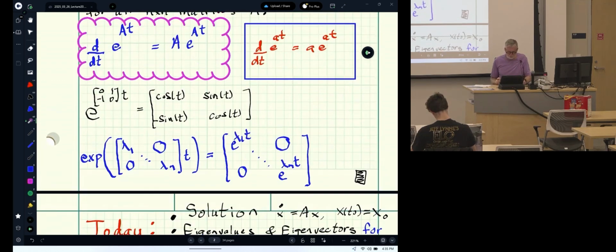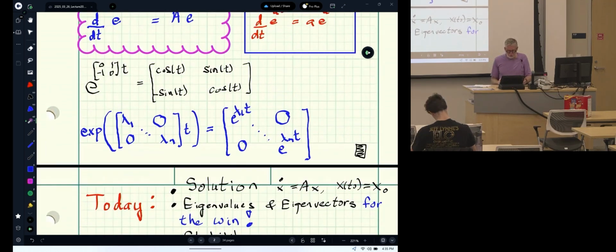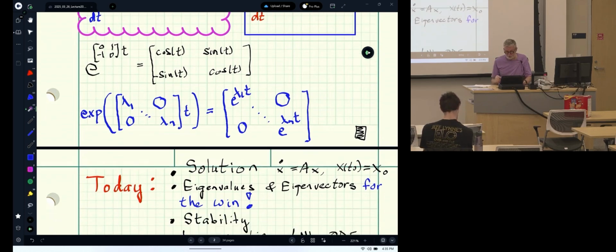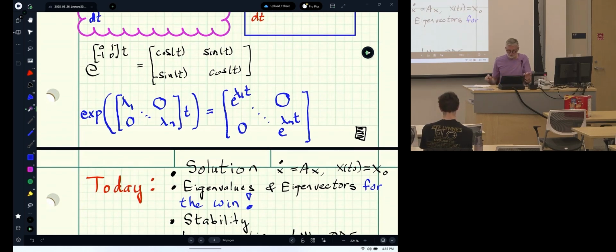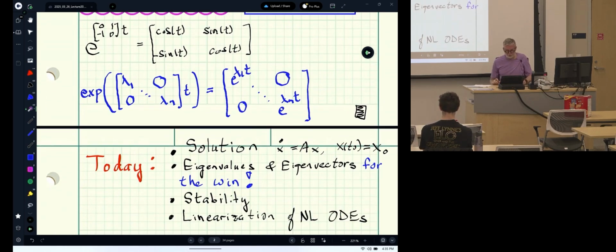We won't use it a lot here. And then if the matrix is diagonal, it's very easy to do the power series because you're just raising to a power the individual terms on the diagonal, and when you add them up, you get the standard scalar exponentials on the diagonal and 0 every place else.